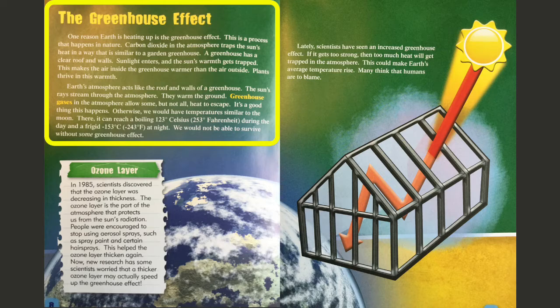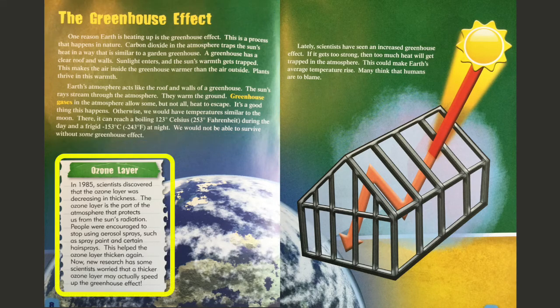There, it can reach a boiling 123 degrees Celsius, 253 degrees Fahrenheit during the day, and a frigid negative 153 degrees Celsius, negative 243 degrees Fahrenheit at night. We would not be able to survive without some greenhouse effect.